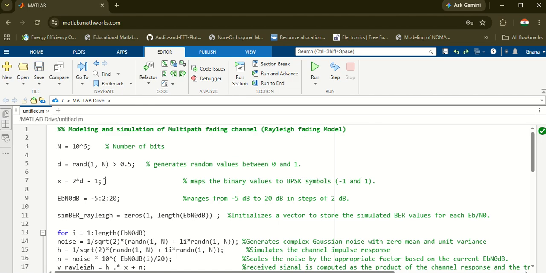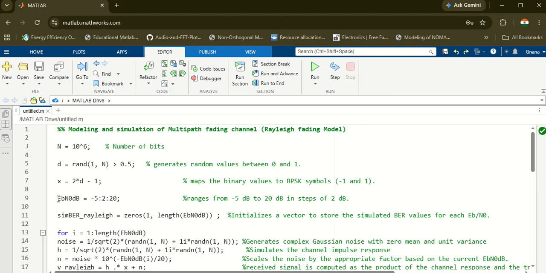Okay. Now consider the value of d as +1. So what is 2 into 1? That is 2. Minus 1, sorry, 2 minus 1 is 1. So I have mapped the values of zeros and ones into -1 and +1 by using this BPSK scheme.